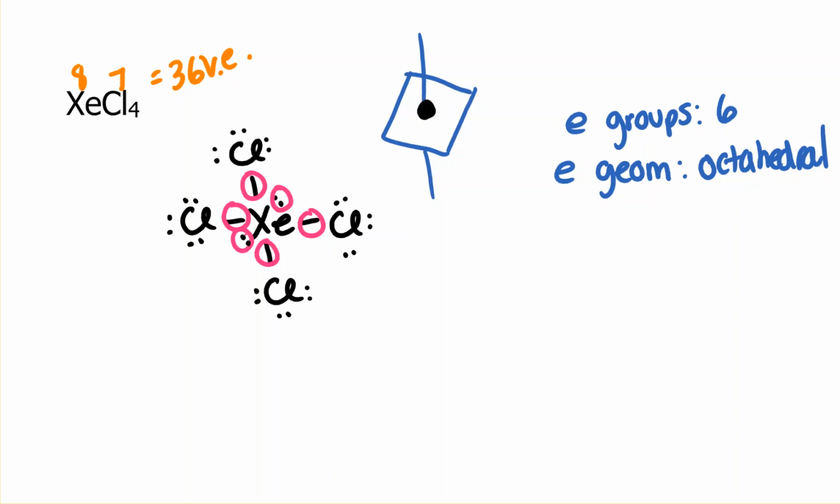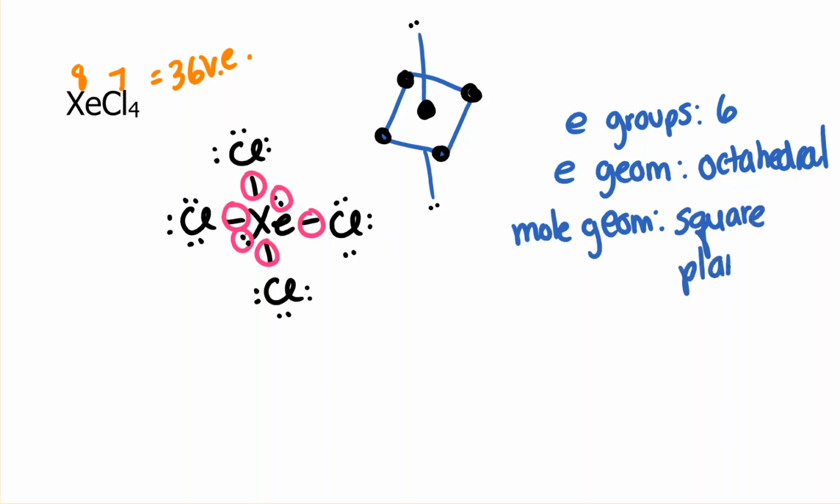On this one I have 2 lone pairs, and on this one with the square, the lone pairs are on the top and the bottom. So this is how it will look. So the molecular geometry, the square is square planar, because it's flat.